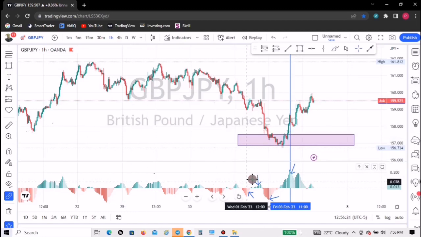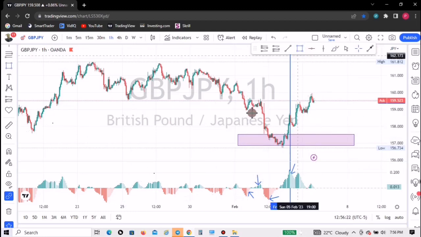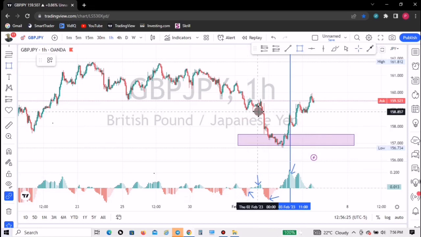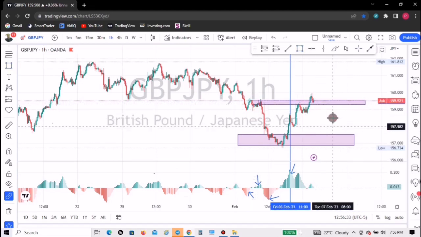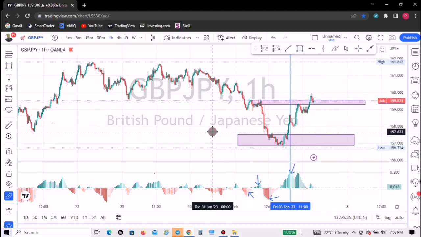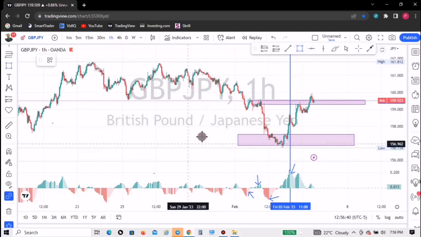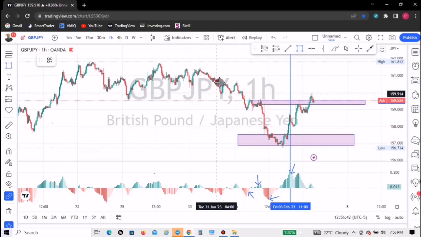And here is another key level based on the MACD. You also had this one. This one is this region. This should be easy to identify. Here's another region. I'm just marking them at random.